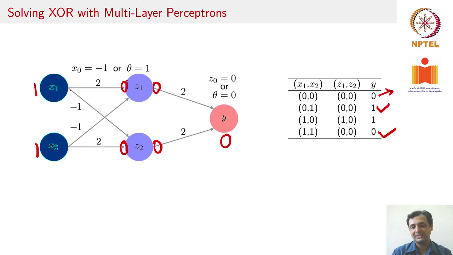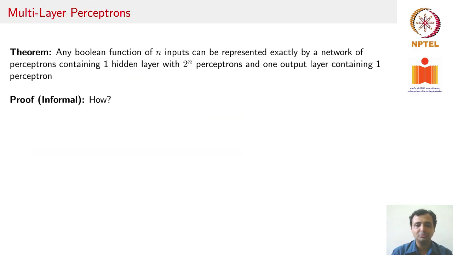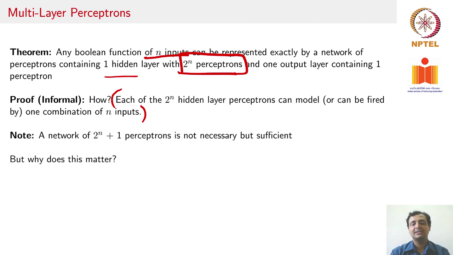Ideally, according to what we said in the next slide, we should have needed 2 power 2 or 4 neurons, but that's not the case. And that's the reason why we say that a network of 2 power n plus 1 for the bias is not necessary, but it is sufficient. You can probably find solutions with even fewer, but you can definitely find a solution with 2 power n neurons or perceptrons in the hidden layer.